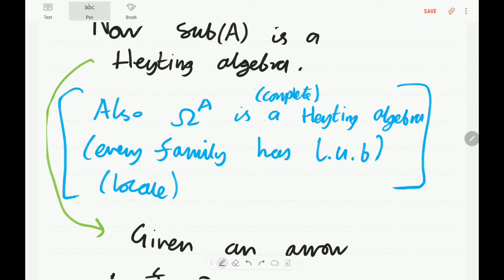But this context is actually a complete Heyting algebra, in the sense that every family of objects in it has a least upper bound, and it's related to the idea of a locale.